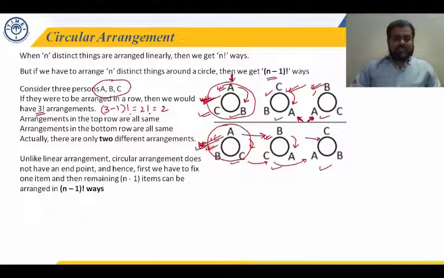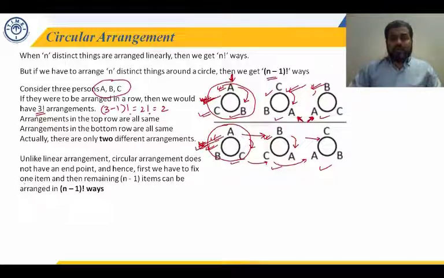What happens here is this: unlike a linear arrangement, a circular arrangement does not have an end point. In case of a linear arrangement, you will have an end point, right? But in case of circular arrangement, there is no end point. Hence, first we need to fix one item out of n distinct items. Okay.